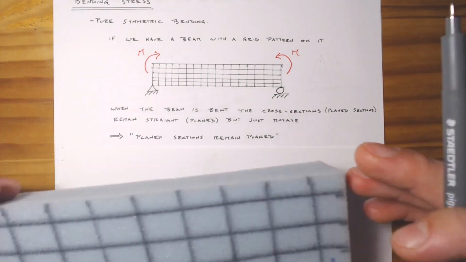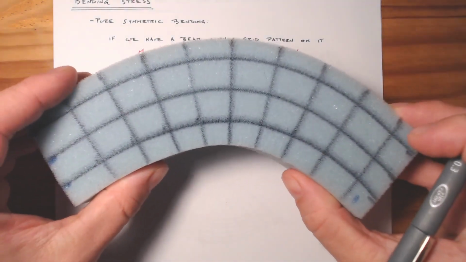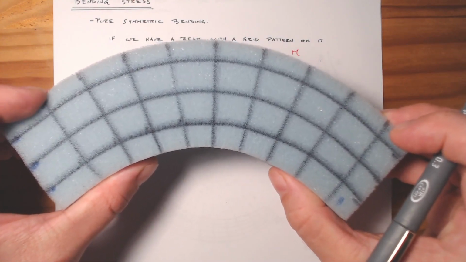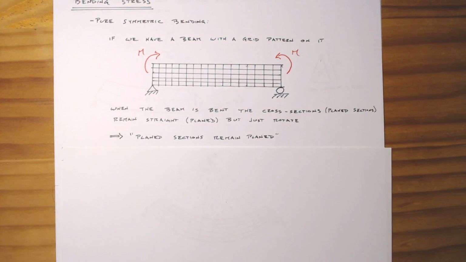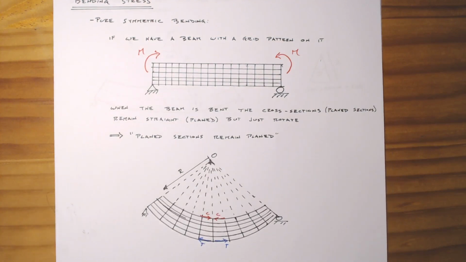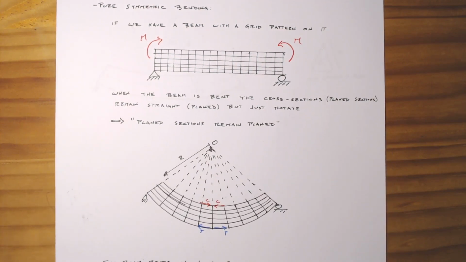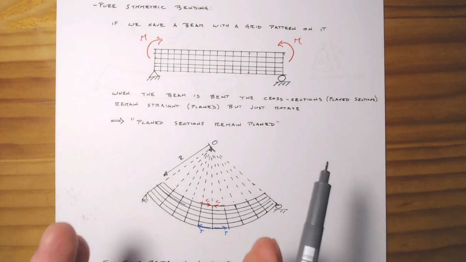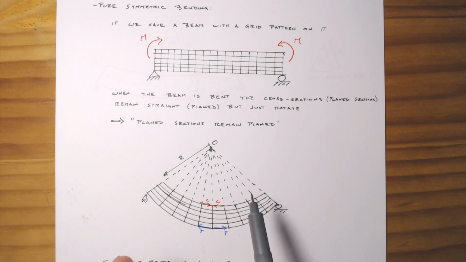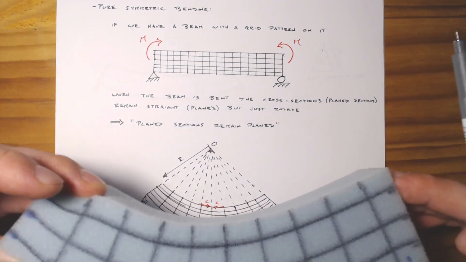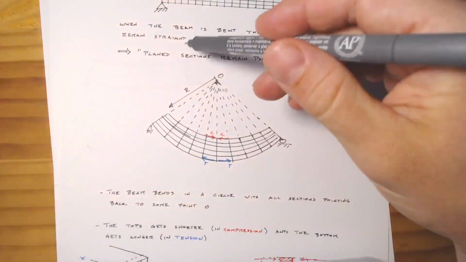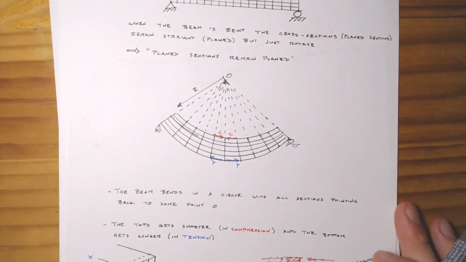So not only are they rotating, but if we're under constant bending here, they seem to rotate at a constant rate. In fact, you can consider this like they're effectively rotating around some point O, where you've got bending in a circle, and then all of these plane sections are effectively coming back to some point right here, up above them at some distance away.